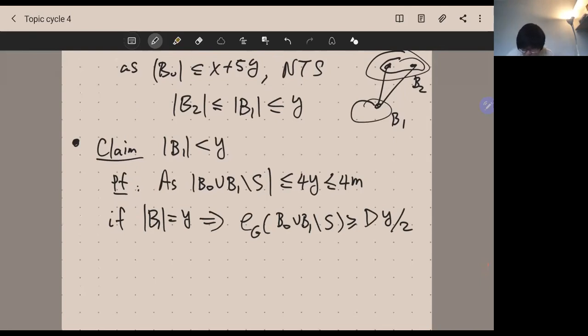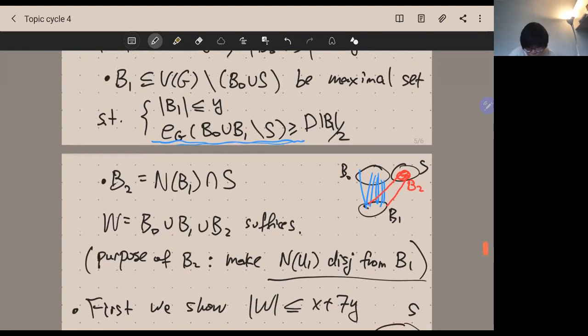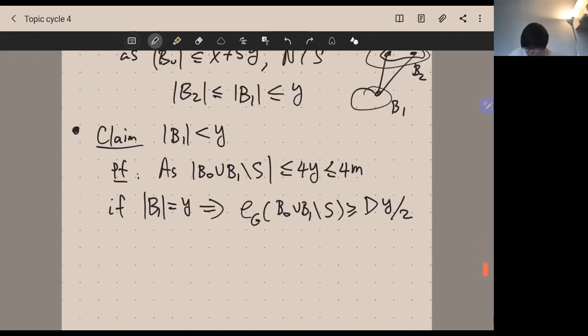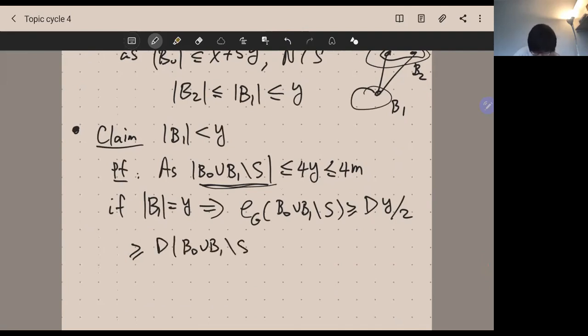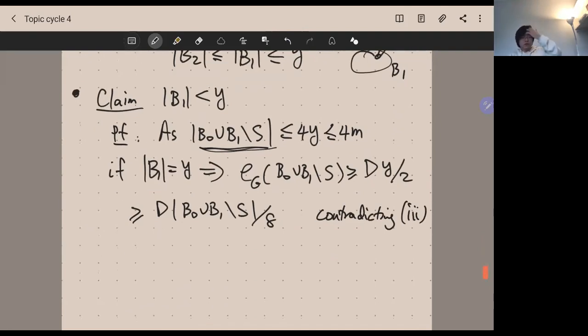This is just by the choice of B1. Remember here, by choice of B1, we have this. But now B1 is Y, so I put Y here instead of B1, which since altogether they are at most 4Y, this is at least D altogether over 8. But this contradicts the upper uniformity. So you can never reach Y, in fact, a little bit smaller, one smaller.